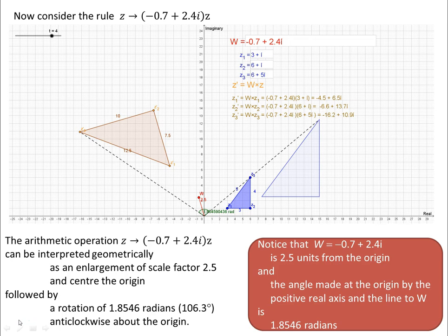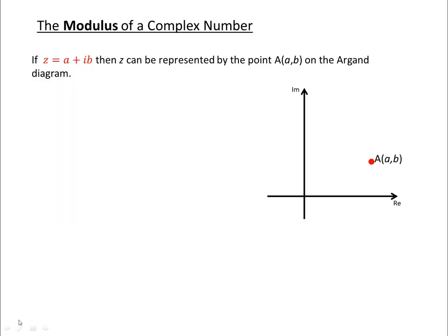Now we'll be coming back to this result later on because it's going to be very useful to us. In the first place, it's useful because the enlargement of the scale factor was the distance of the complex number from the origin.